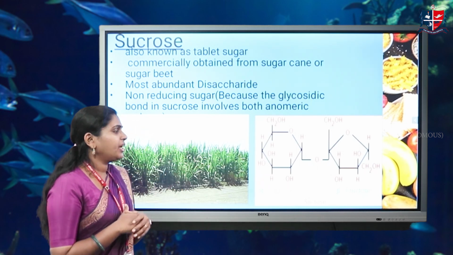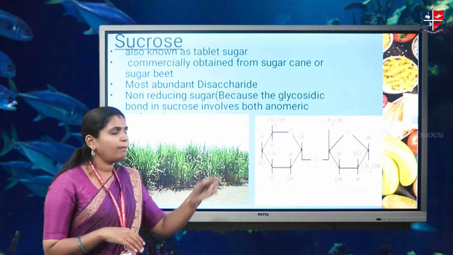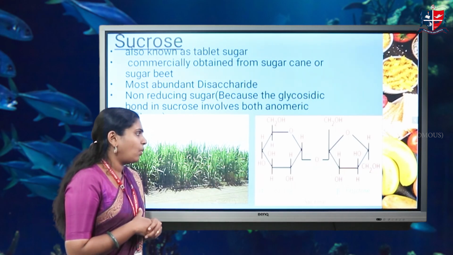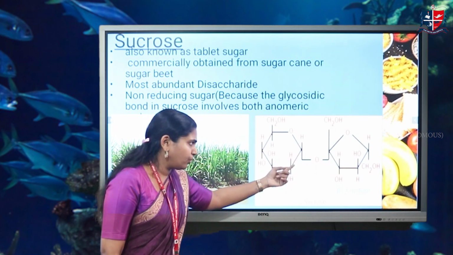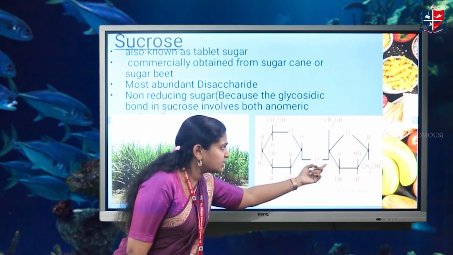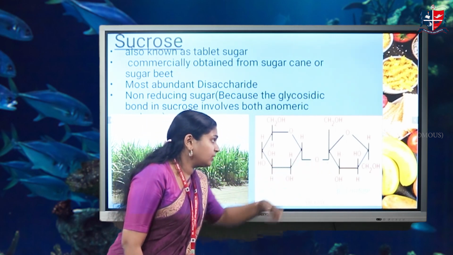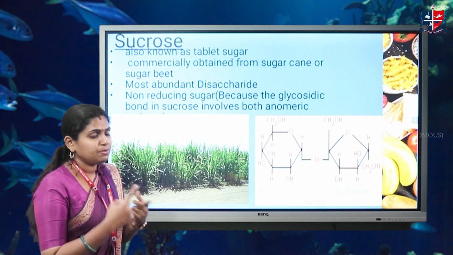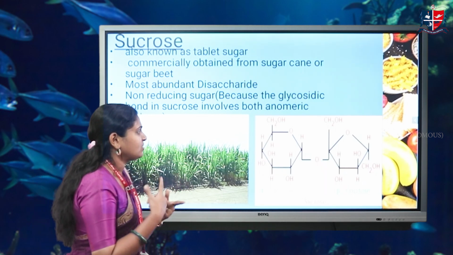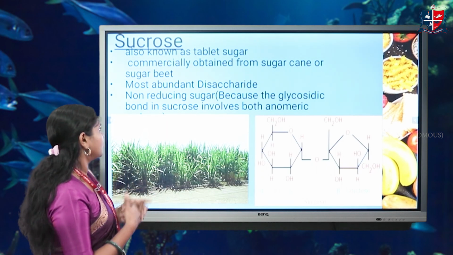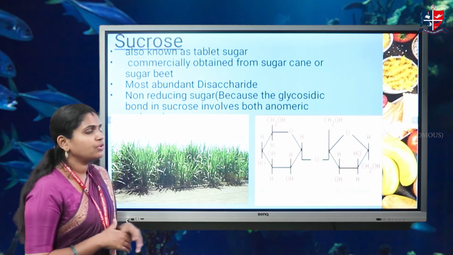Coming to their structure, here we can see they are formed by a 1,2 glycosidic bond. That means the bond is between the first position of glucose and the second position of fructose, an alpha 1,2 glycosidic bond, and it is a non-reducing sugar.